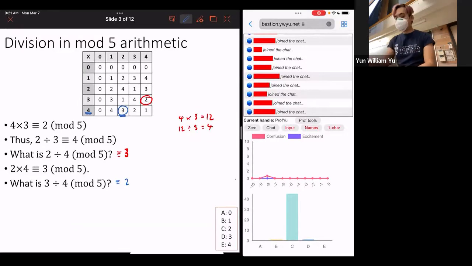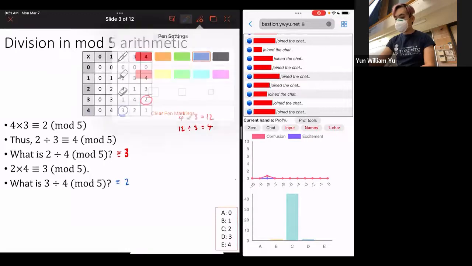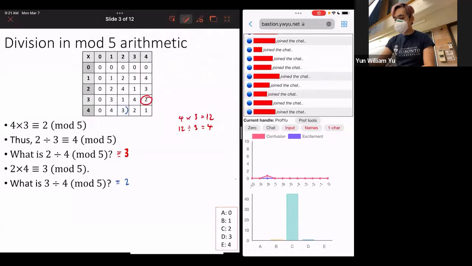Actually, I think I normally do this with columns. Let me circle this other one, actually. 2 times 4 is equal to 3. And so in order to get 3 divided by 4, you look to see the row or column with the 4, and then look to see where 3 appears.